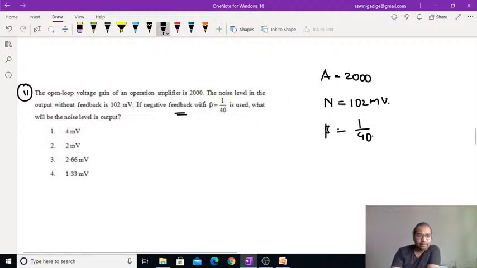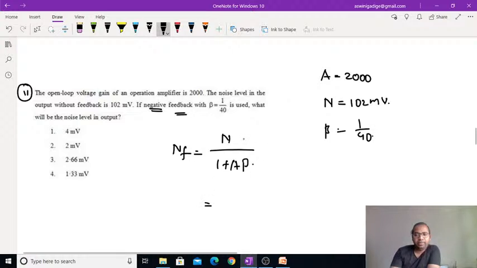So once we do the negative feedback, what will be the noise level at the output they are asking. If we do the negative feedback, the noise levels will decrease. Clear? The noise levels will decrease.